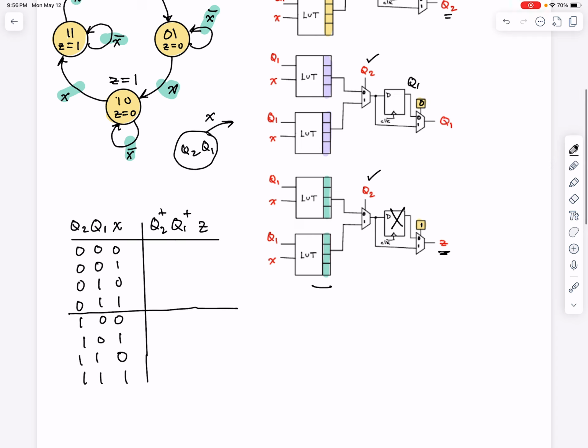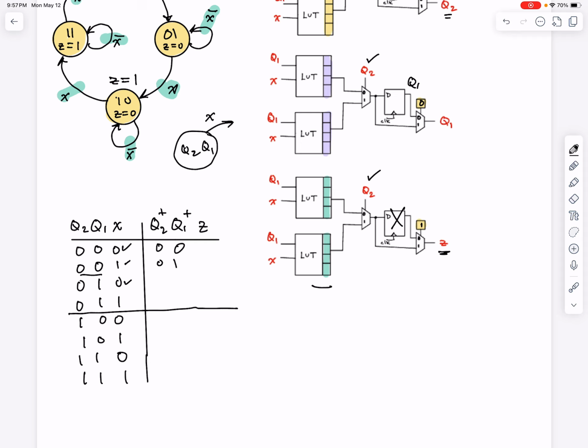The next state table is easy because this is just a counter. On 0, 0, when x is equal to 0, we stay in 0, 0. When we're in state 0, 0, when x is equal to 1, we count up.